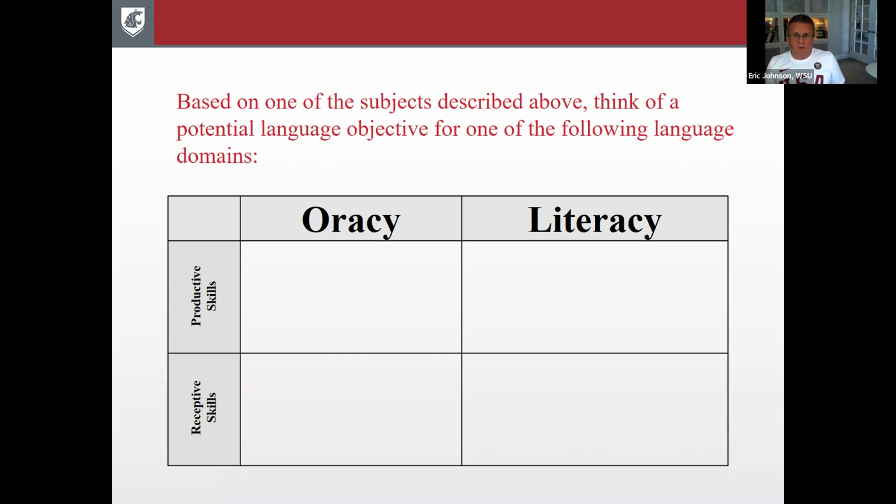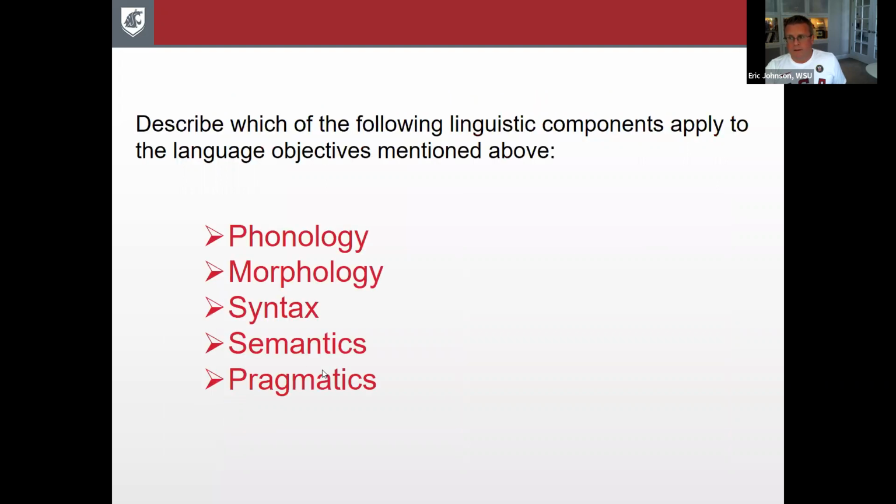And there's a way that they know whether or not they accomplished that. And then you can think back, okay, especially for the purpose of today, in today's competency evaluation. So when you think about your objectives and the way that students are using language, can you identify the different linguistic components that are necessary to accomplish that?